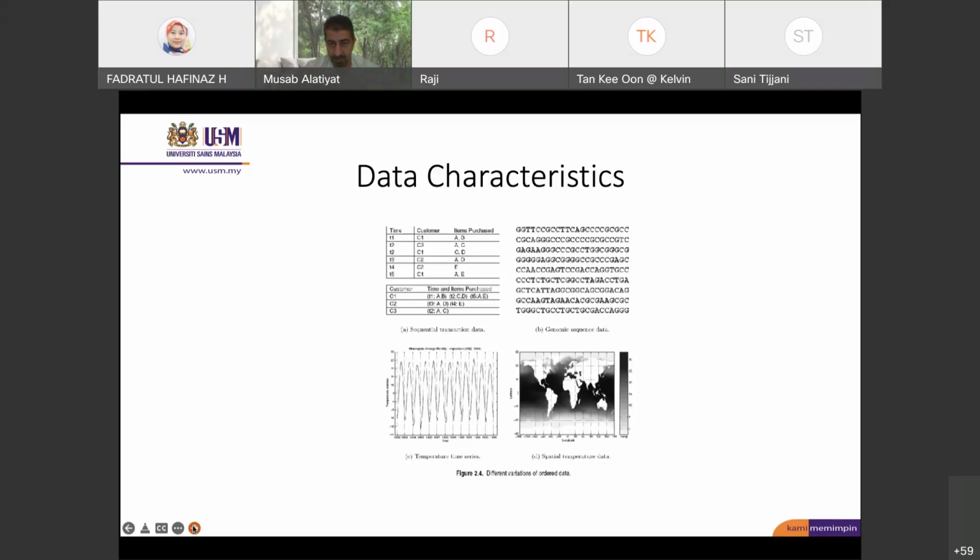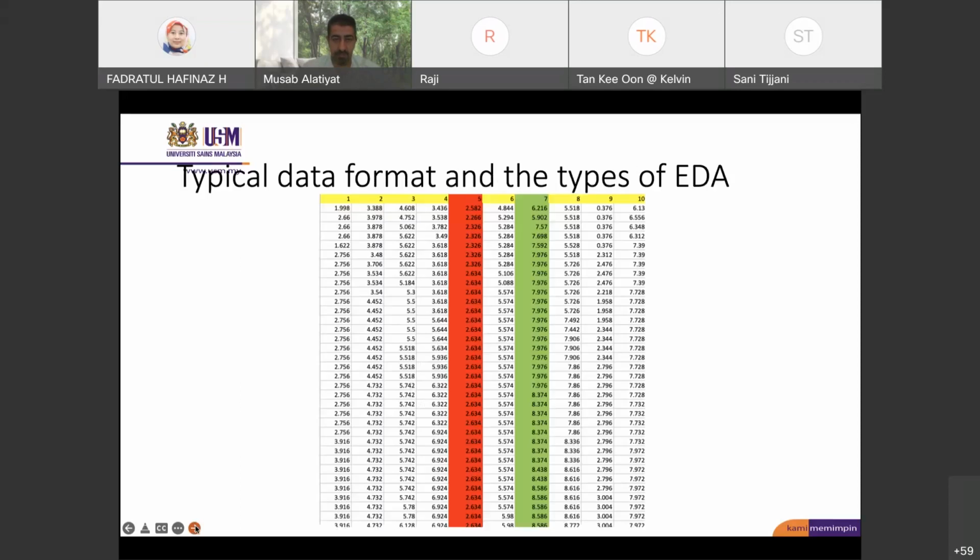So I'm going to give you another data set. Okay, so this is from a real experiment. I took this sample of data from my simulation experiment, where I used an evolutionary algorithm, which is GA.